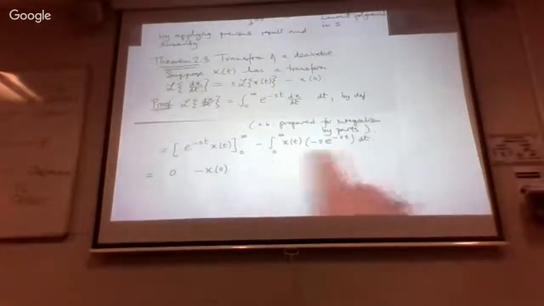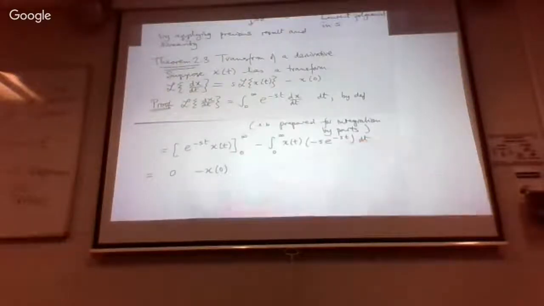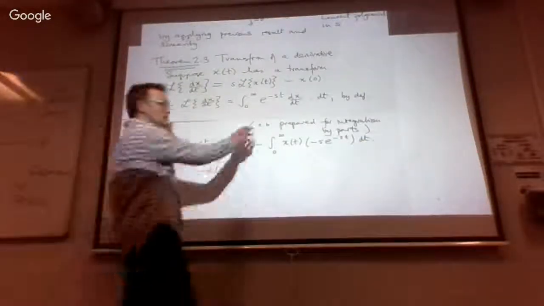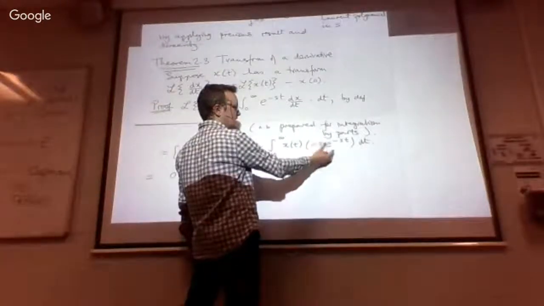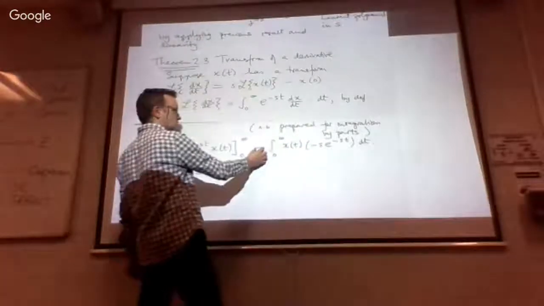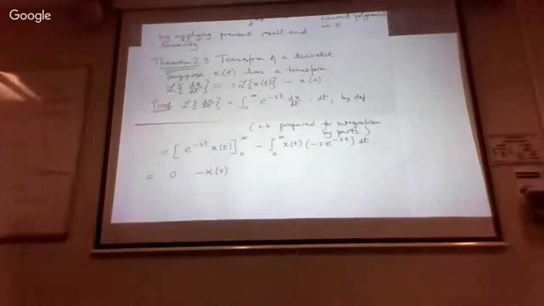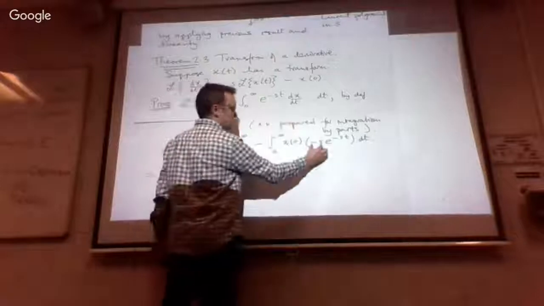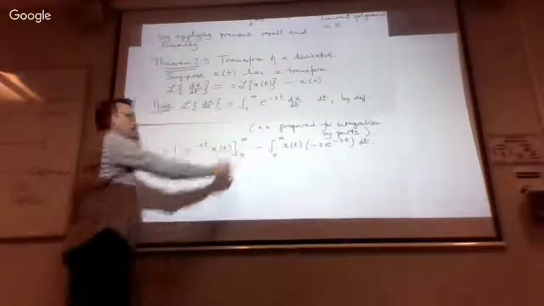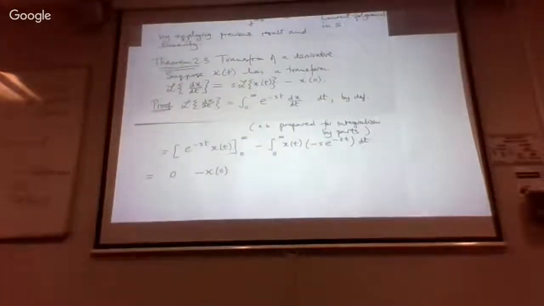Then you inspect this integral here, and you notice it looks familiar. It's an integral with respect to t. This factor of minus s has no t in it, so it can migrate out to the front by the linearity of integration. It doesn't depend on t.